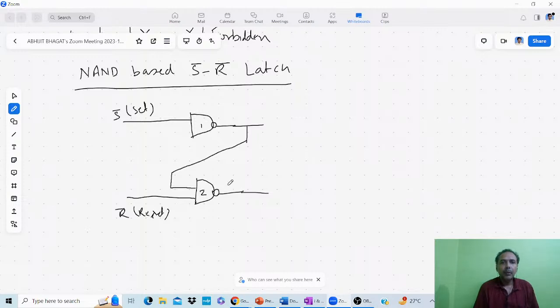Same, gate 2 output is input to gate 1. Okay, here this is Q. Either you can write Q, or you can write Qn plus 1, or Qn plus 1 bar.